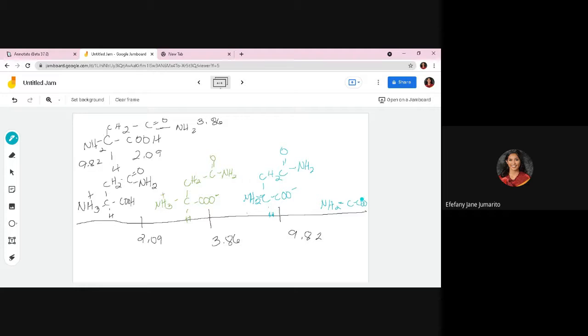The COO minus, and then we have here CH2, C, double bond O. Now, after 9.82, the NH2 on the side chain is what gets protonated. So this will become NH3 plus.